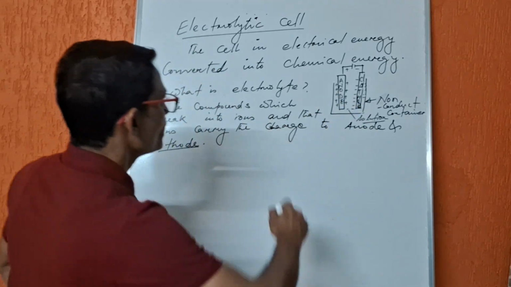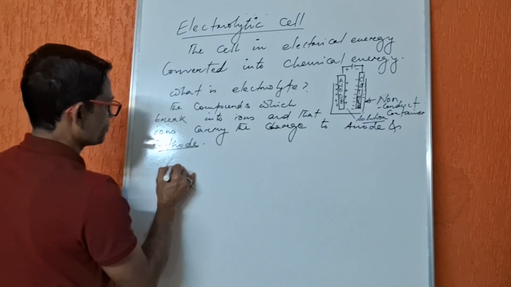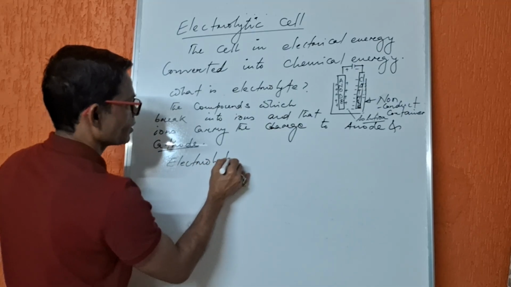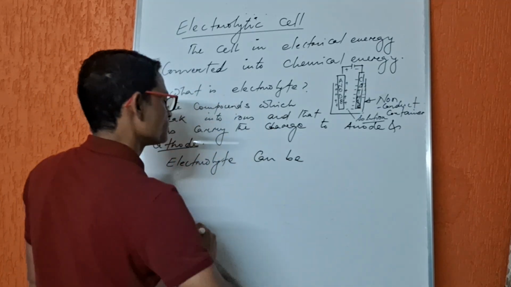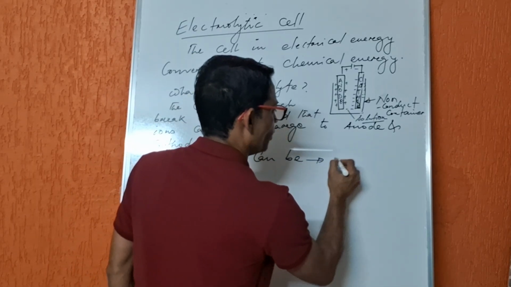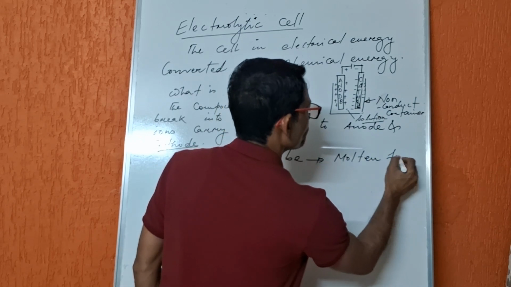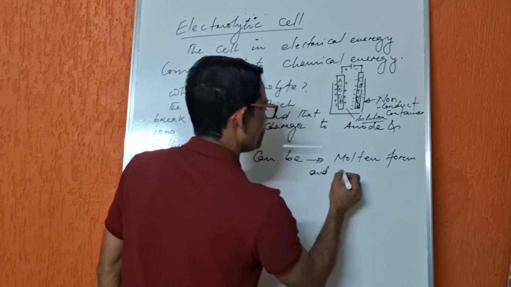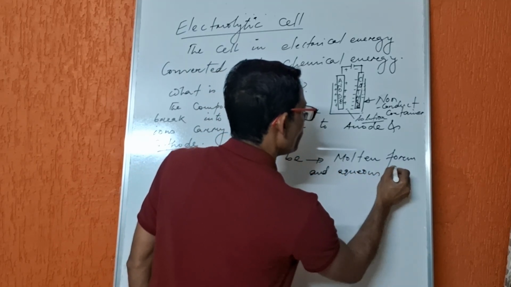The electrolytes can be in molten form and aqueous form.